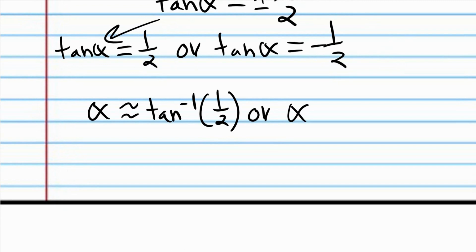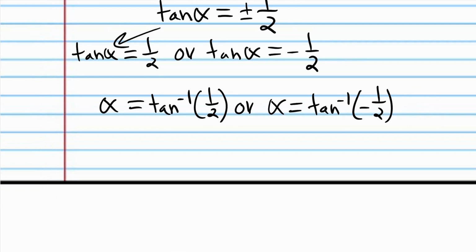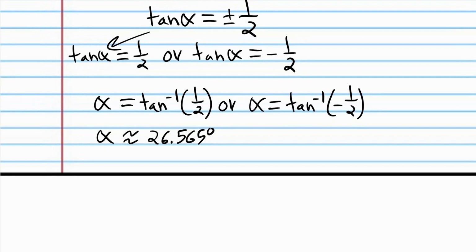Or alpha is equal to, and that's not approximately, that's exactly equal to, tangent inverse of negative 1/2 also. So now let's go to the calculator. This tells us that alpha is approximately equal to 26.565 degrees. And if we enter negative 1/2, then the calculator tells us negative 26.56 degrees.